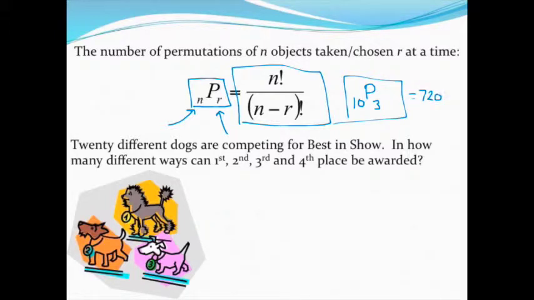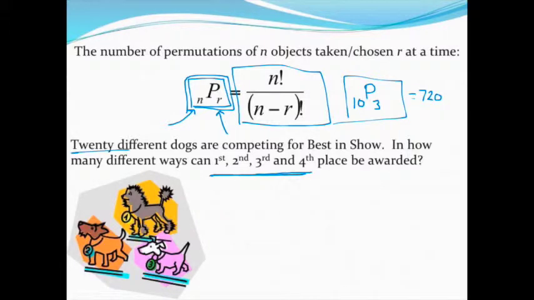And so let's take a look at how we can use this to work out another sort of permutation problem. Once again, I know this is a permutation because the order definitely matters. Who finishes in first place is very different than who finishes in fourth place. And so trying out this new formula, this nPr option, I can say that I have 20 different choices to make.